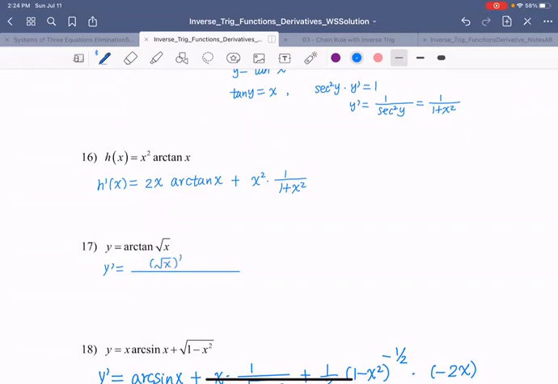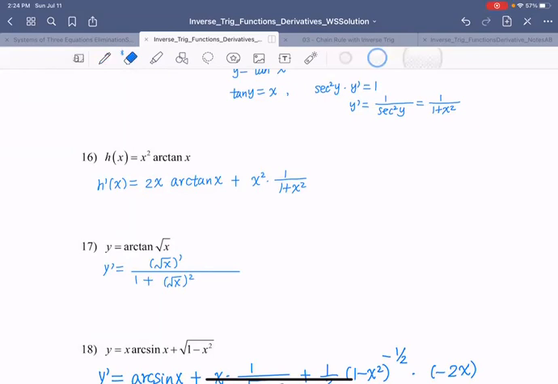And then on the bottom it's going to be the derivative of 1 plus root x squared. Yes.